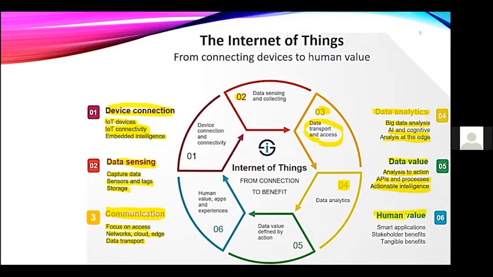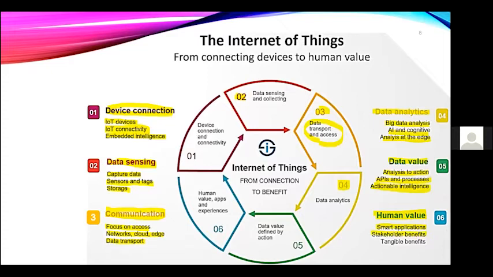Human value, because whatever technology development is taking place in the entire world is for making the life of mankind better, right? Delivering them better services. So it is composed of smart applications, their design, their interface with the Internet of Things, then stakeholder benefits.